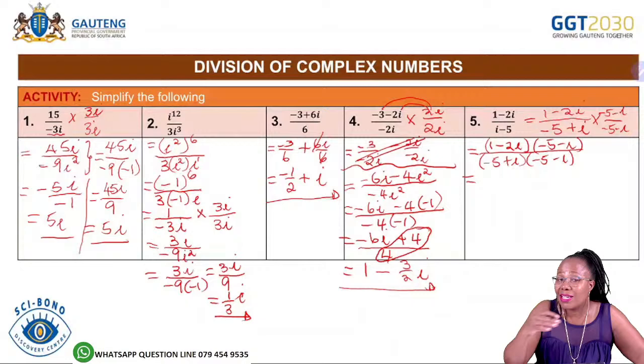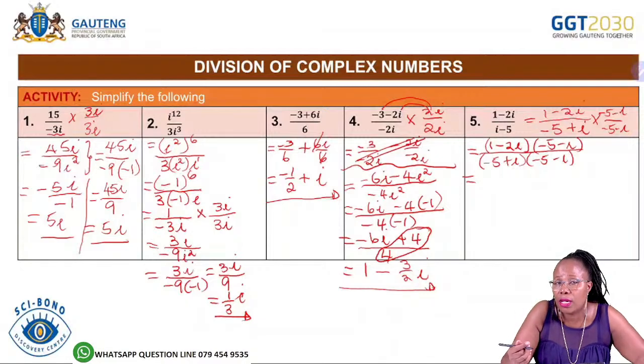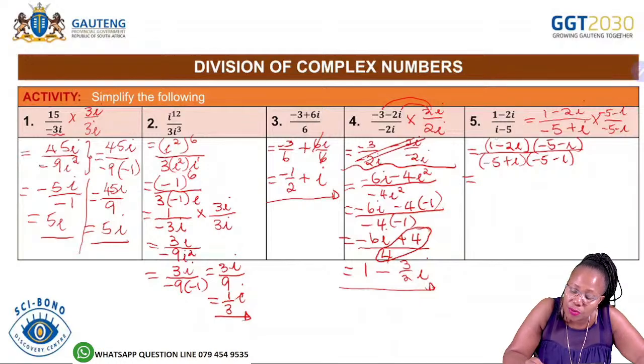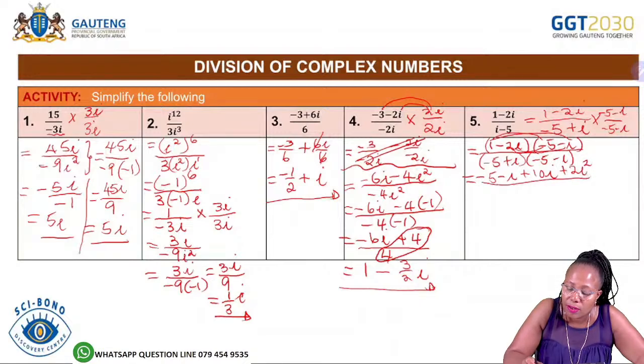So we are expecting a real answer on the denominator because we are multiplying conjugates. So now distribution: 1 times minus 5 is minus 5. 1 times minus i is minus i. Minus 2i times minus 5 is positive 10i. Minus 2i times minus i is positive 2i squared, over minus 5 times minus 5 is 25.